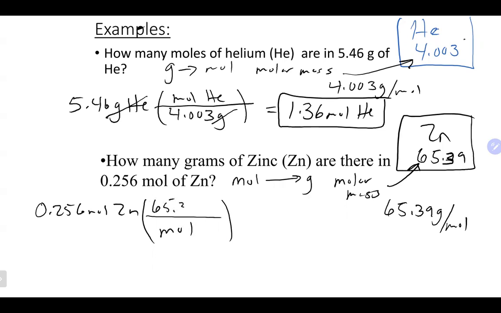A reminder that the number always stays with the grams and it's always 1 mole, no matter where you put it. Here the moles will cancel, and it looks like 16.7 grams.